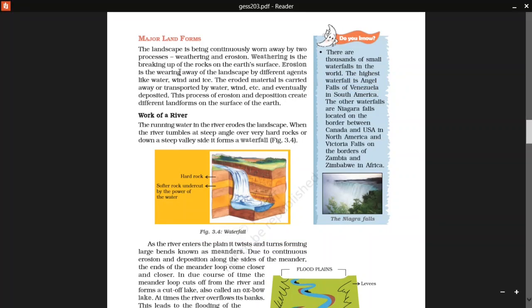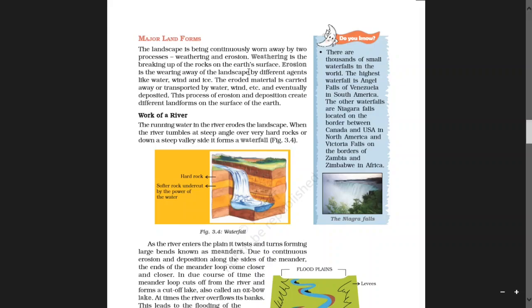Erosion is the wearing away of the landscape by different agents like water, wind, and ice. See boys, erosion is the wearing away of the landscape by different agents, meaning washing away or taking away of land features by different agents of gradation such as water, wind, and ice.